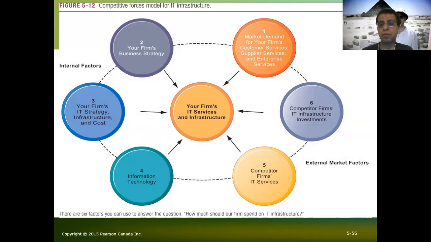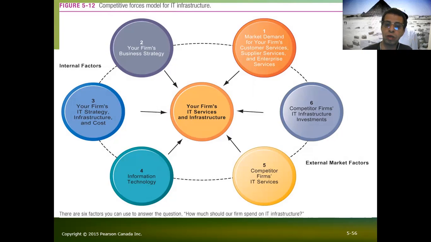We start with probably the market demand for your firm: your customers. What does the customer want? What do the suppliers want? And what is the enterprise inside? Then we need to look at your firm's business strategy: what the strategy is, how to reach the goals, and all these things.